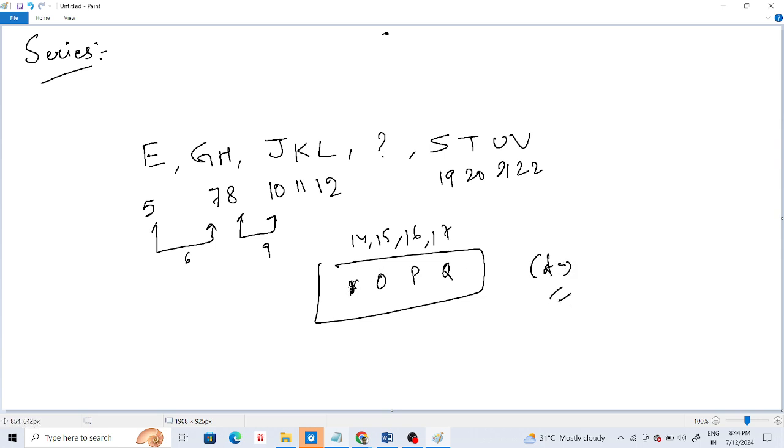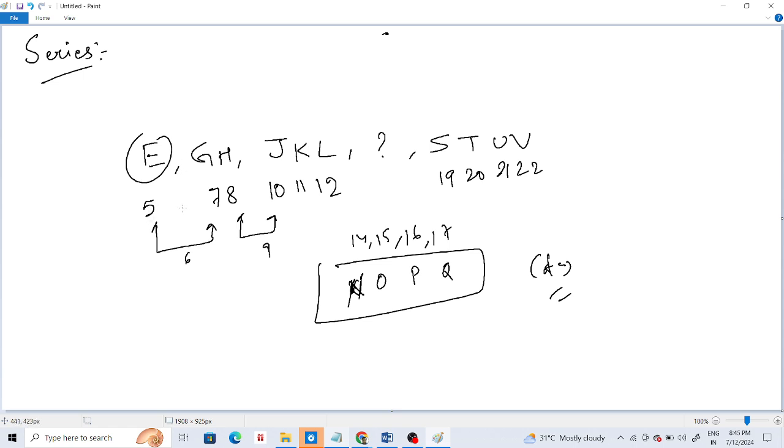Sir, can you please repeat once? I couldn't follow. See, the position of E is 5, G is 7, H is 8. J is 10, K is 11, L is 12. Then in between there is a question mark, and then S is 19, T is 20, U is 21, V is 22. So what is the pattern that I am getting?